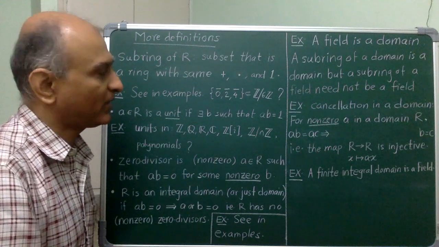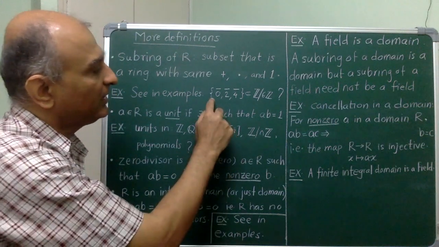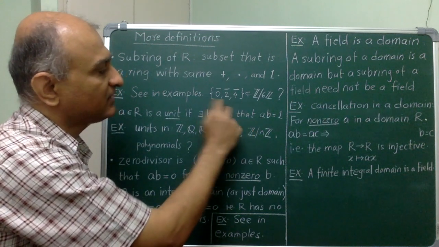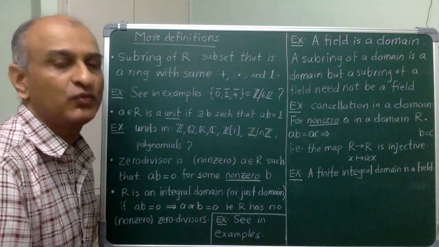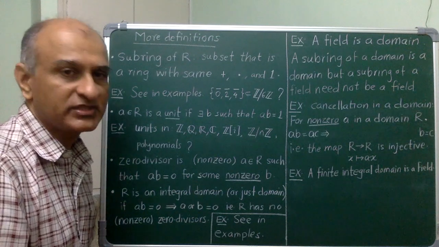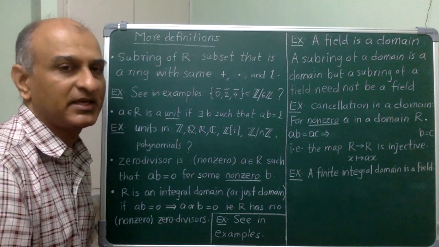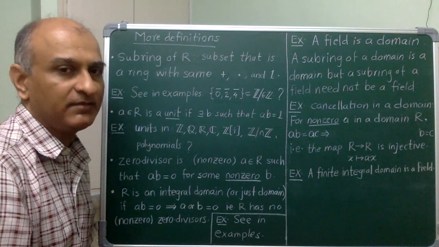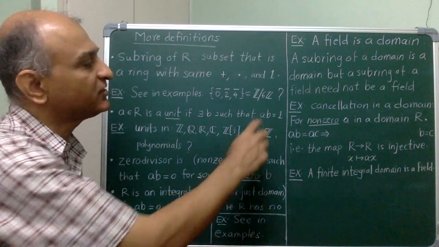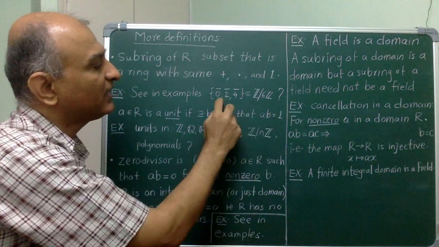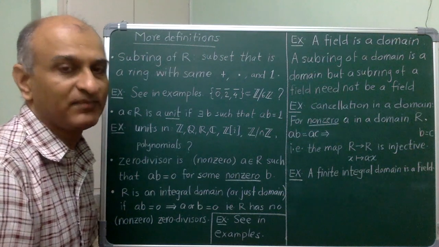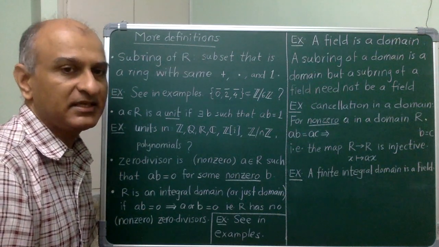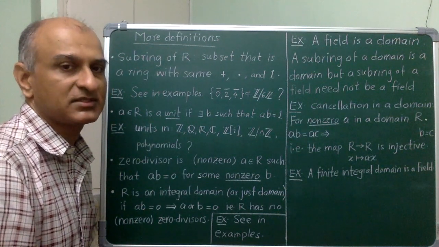But I want to make another point here, which is that in order to check that this is a ring, we did not really need to verify conditions like associativity of addition, multiplication, or distributivity, because such properties are true in the ambient ring, and so therefore they are inherited by any subset as long as that subset is closed under the requisite operations.